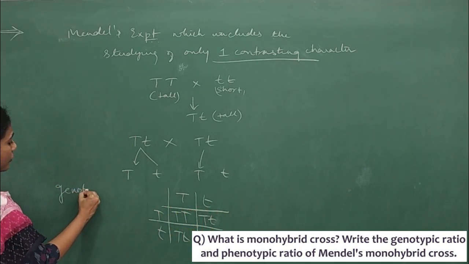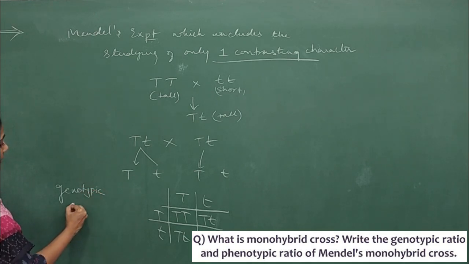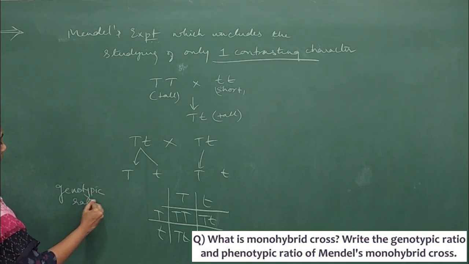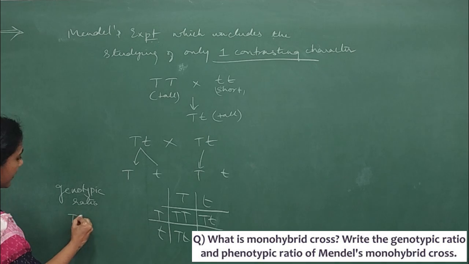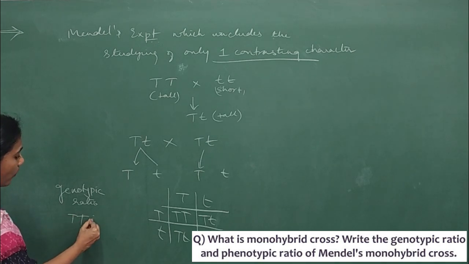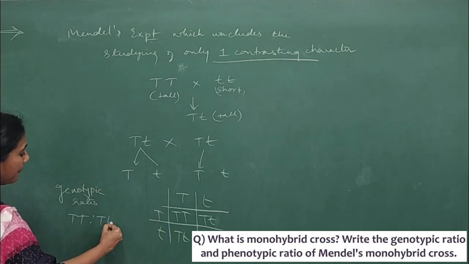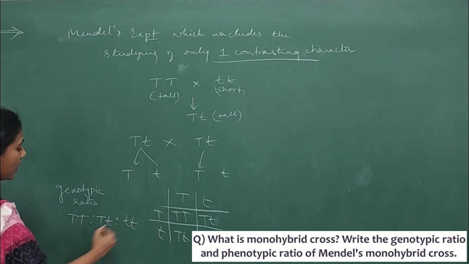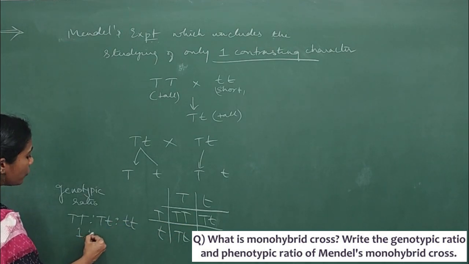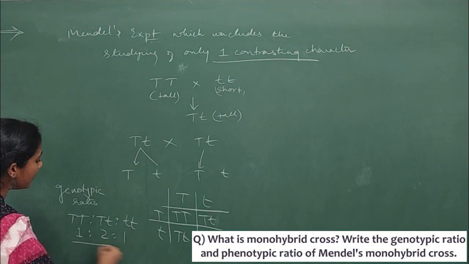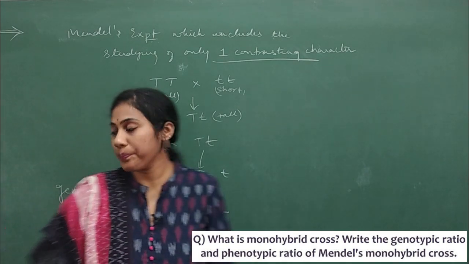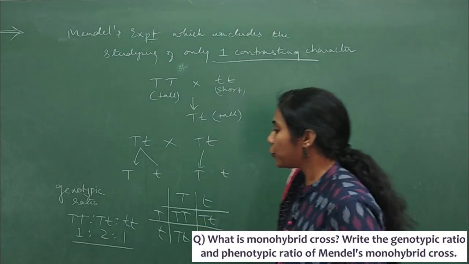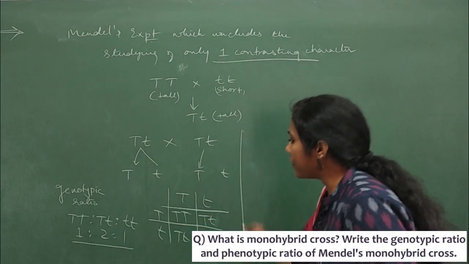Let me write genotypic ratio. Genotypic ratio is capital T, one variety you had got, capital T, 2 genes you had, and small t. That means 1:2:1 is the genotypic ratio. Clear? 1:2:1 is the genotypic ratio.